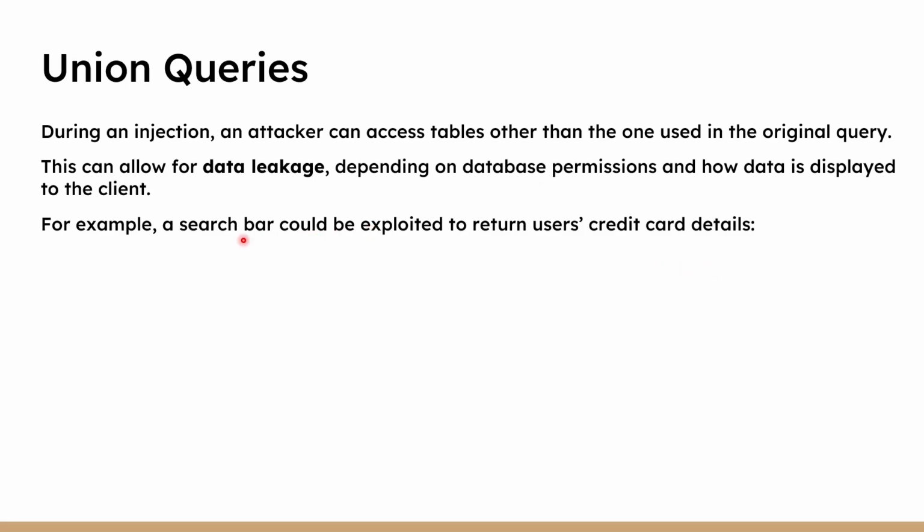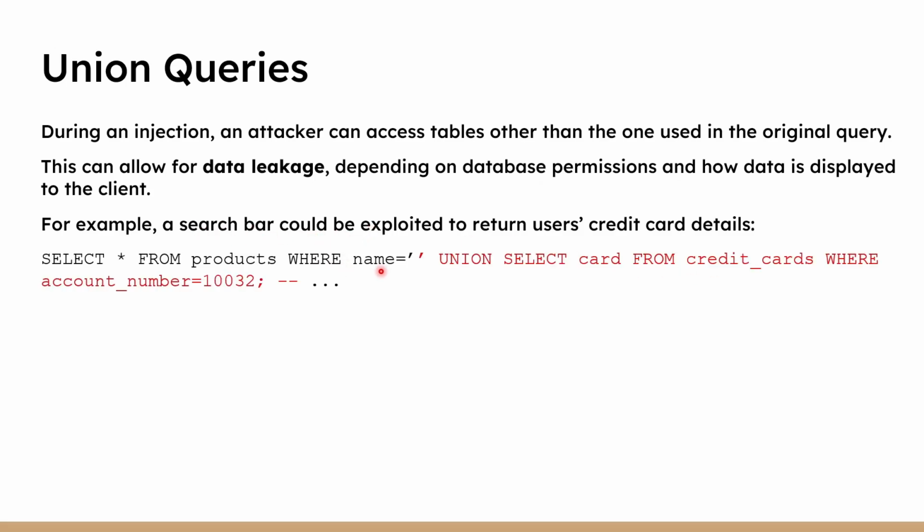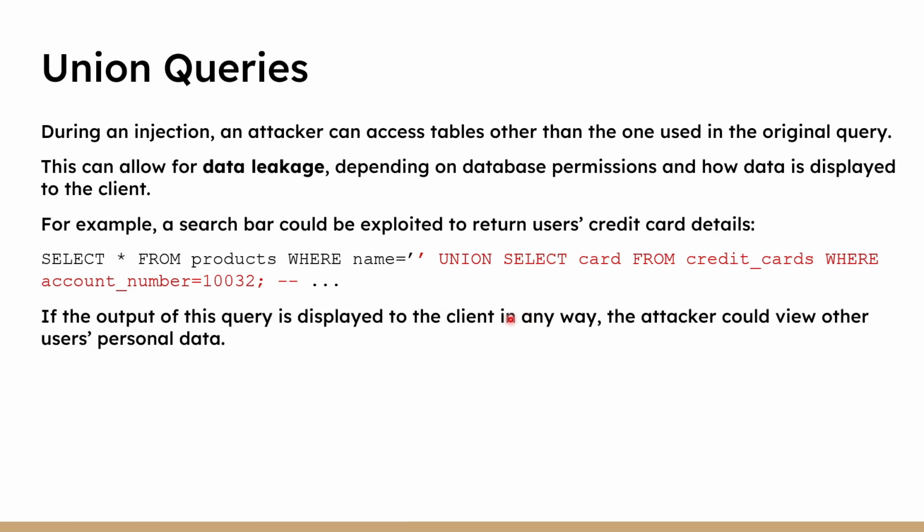So basically, if in a search bar the attacker entered this, which basically just says, as well as selecting all the products, select a credit card where the account number matches this number. If this data is actually shown to them, like if the raw output of this is shown to the client in any way, the attacker could literally see this credit card details, and that's bad.